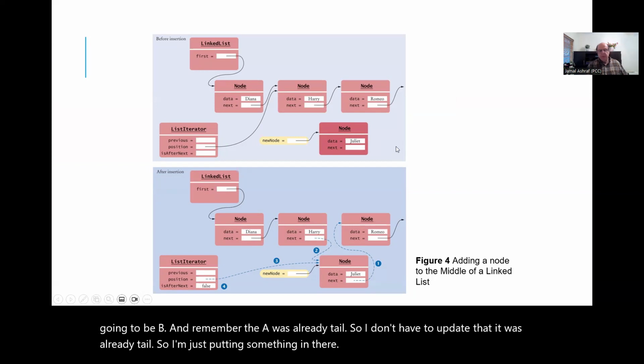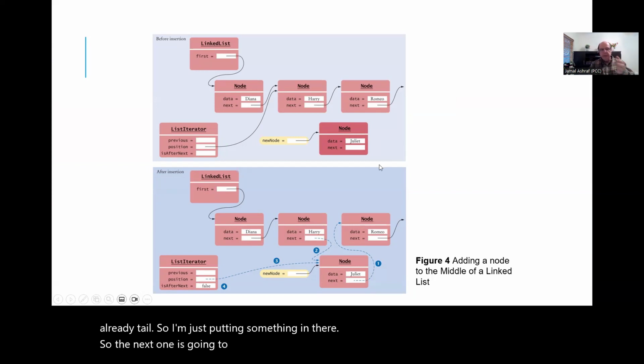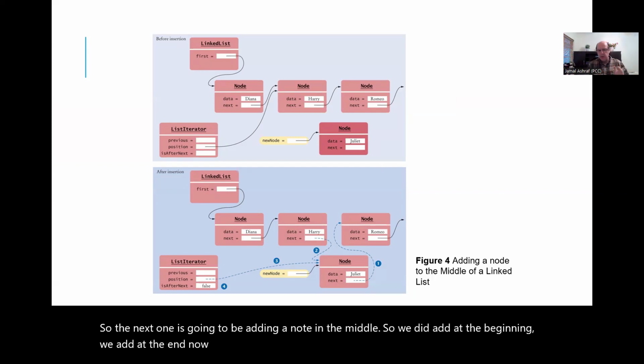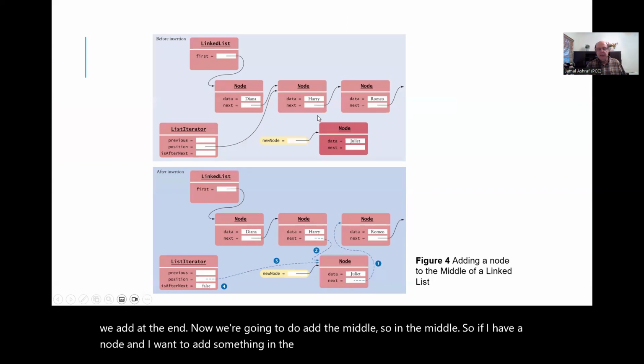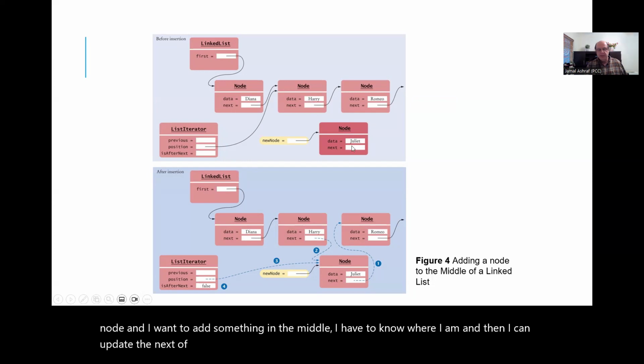So the next one is going to be adding a node in the middle. So we did add at the beginning, we add at the end. Now we're going to add in the middle. So if I have a node and I want to add something in the middle, I have to know where I am. And then I can update the next of this and then the next of the new one.